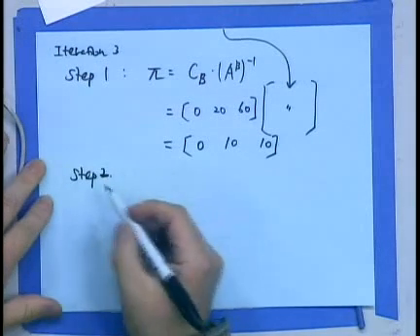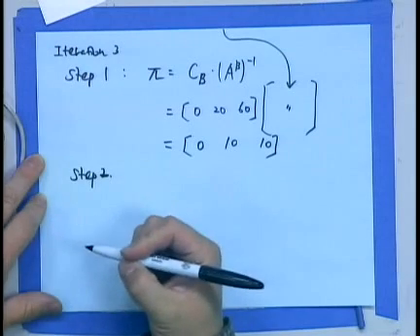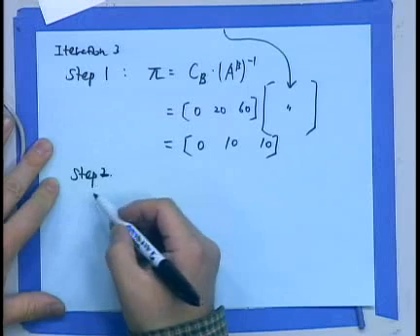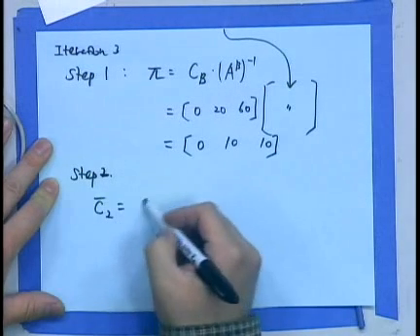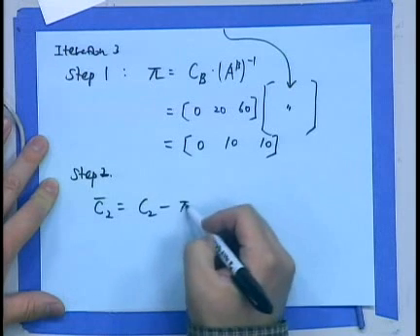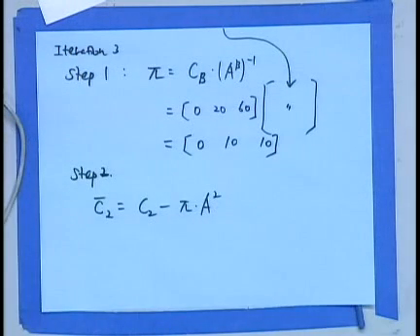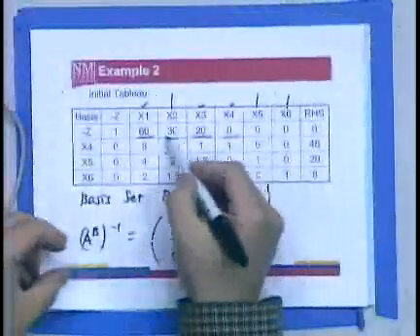So first, not the reduced cost, because this is the maximization problem. The relative profit for x2 variable is computed by this formula, right? And C2 is 30, right?